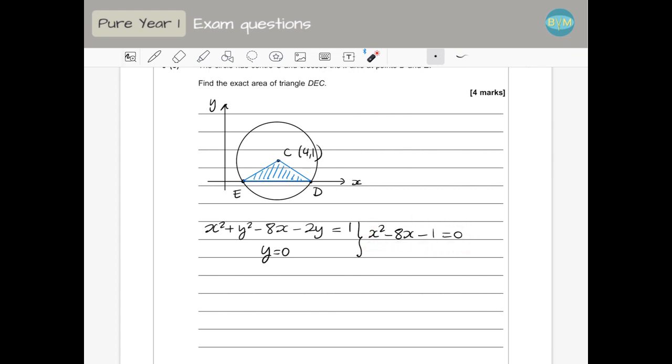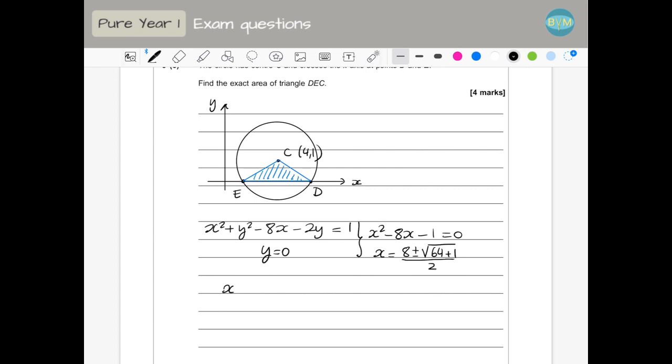This is a quadratic. It's not easy to factorize, so you will need to use the quadratic formula, and you have that x is going to be minus b, so 8, plus minus the square root of b squared, 64, minus 4 times ac, so this minus becomes a plus 1, divided by 2a, so 2.